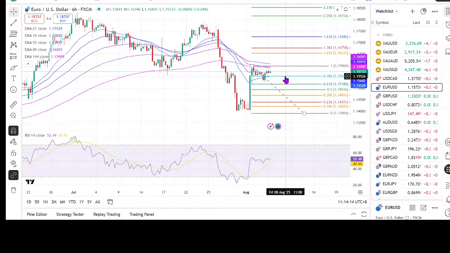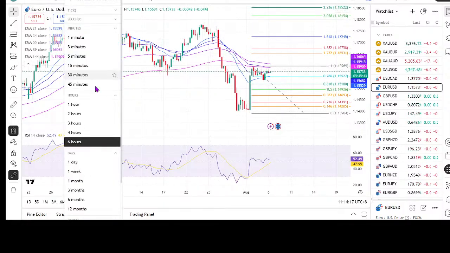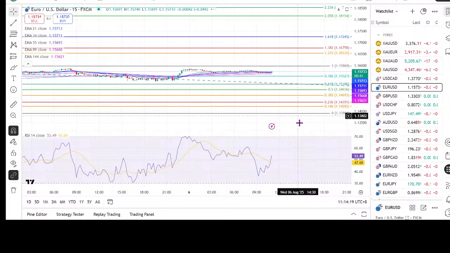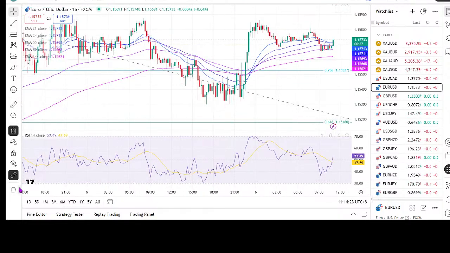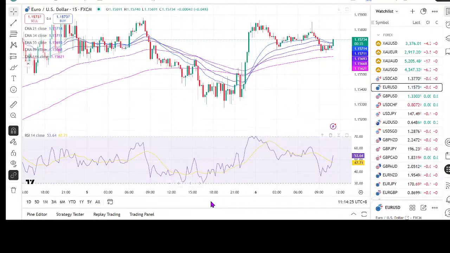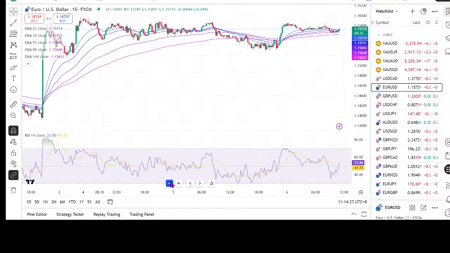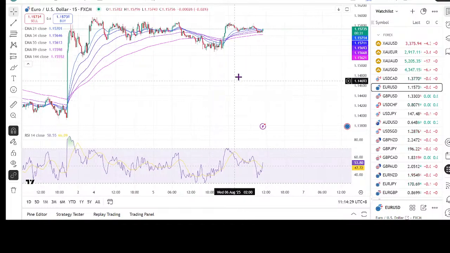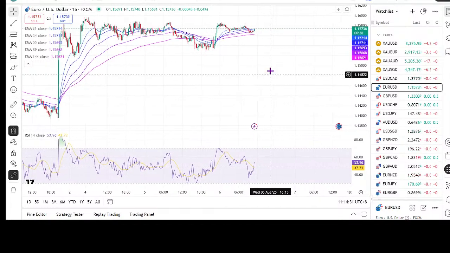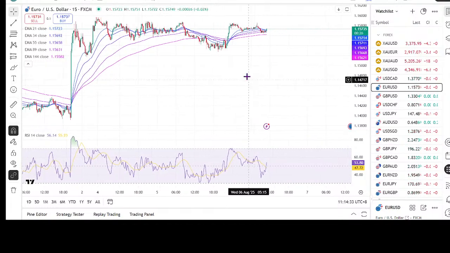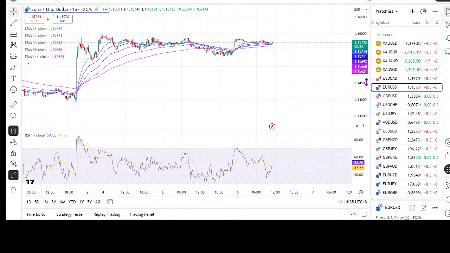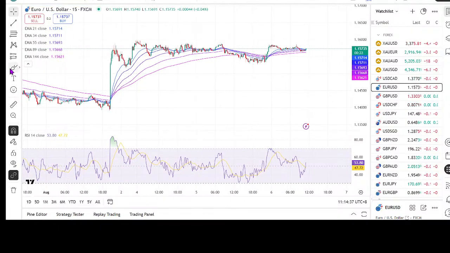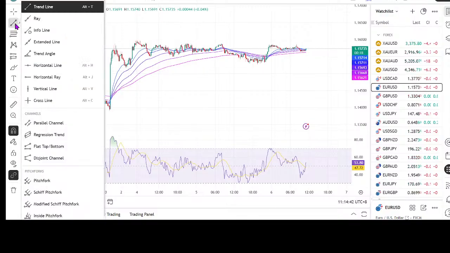So in other words, we should be seeing the price cracking the high, and we have yet to see the high. We have yet to see the high. So we should be looking to buy this because the high is still not seen yet.